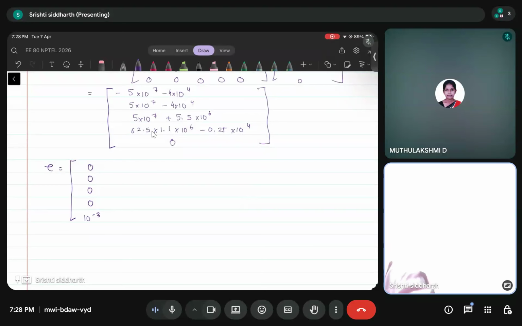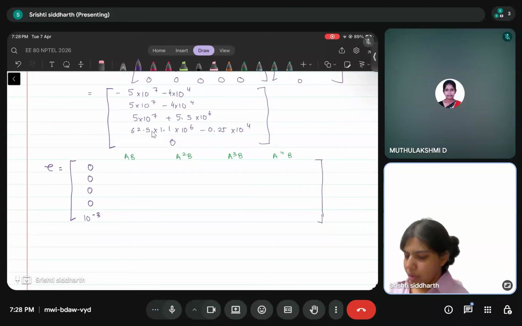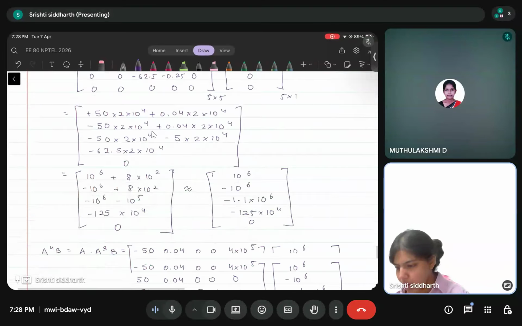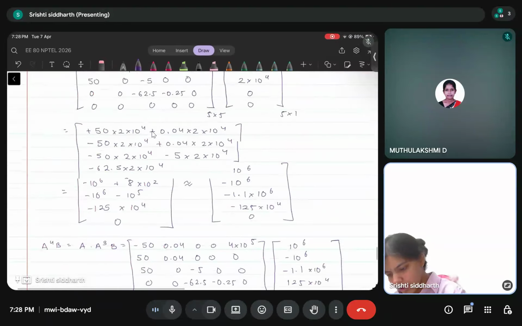We will have AB, and A square B, A cube B, A to the power 4 B. Okay. And last terms are going to be 0. We have already completed AB. This is 400. The first one.